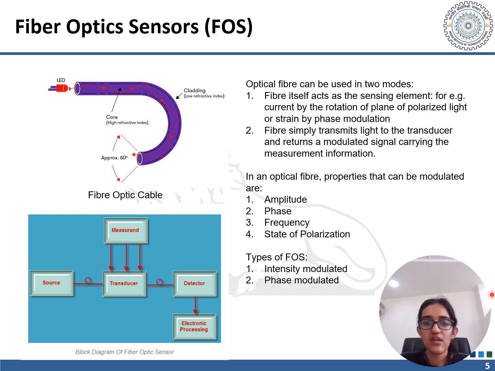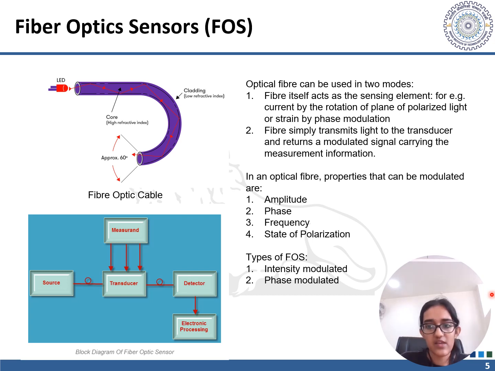As the name suggests, here we are using the fact that light intensity varies when exposed to a changing environment, and that variation in light intensity is proportional to the property that we want to measure, and that can be detected by sensors. The concepts associated with intensity modulation include transmission, reflection, and microbending.